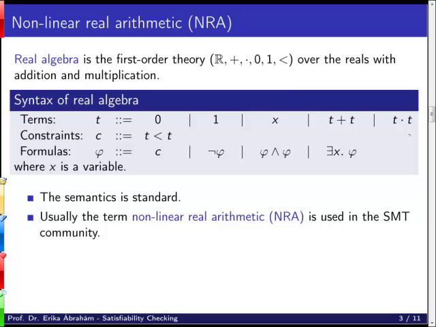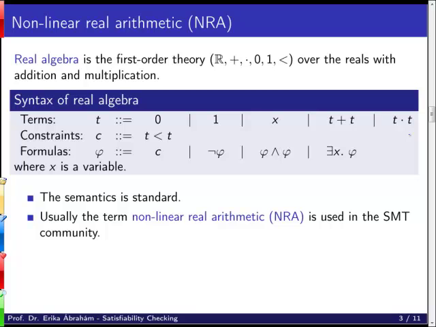And now there is a bit of confusion between real arithmetic and real algebra. I told you that they are both used. So real arithmetic is more used in the SMT, satisfiability modulo theories community. The basic difference is that arithmetic is computing with numbers. So if I write 5 plus 4, that is an arithmetic expression, and algebra is the abstraction by using variables and quantifiers and so on.